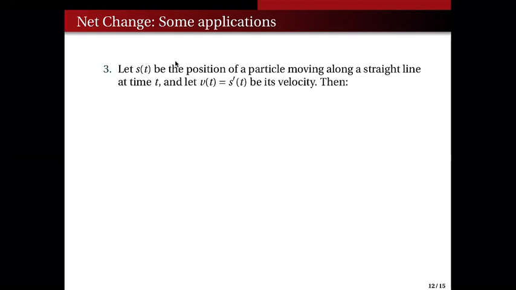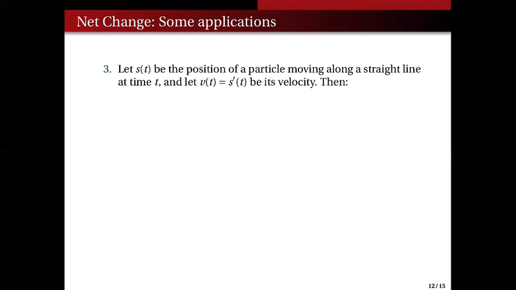Another one here. Let S of t be the position of a particle moving along a straight line at time t. Remember, if you take the derivative of the position function, you get your velocity. And if you take the derivative of your velocity function, you get the acceleration.